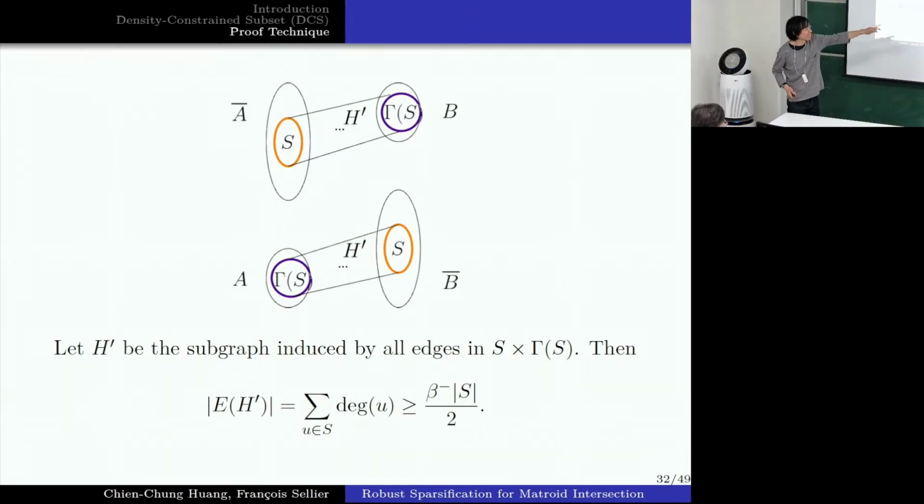The gamma of S is the neighbor of S in the sparsifier H. So H prime is the subgraph of H. Essentially, it corresponds to S here, and the neighbor here, and S here, the neighbor here. And then the first thing I want to claim is that the number of the edges should be this.